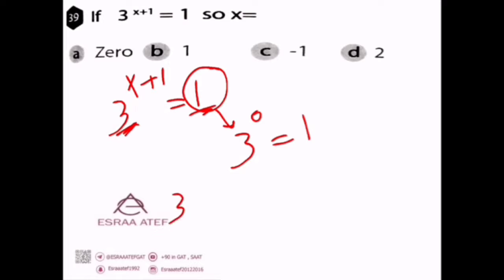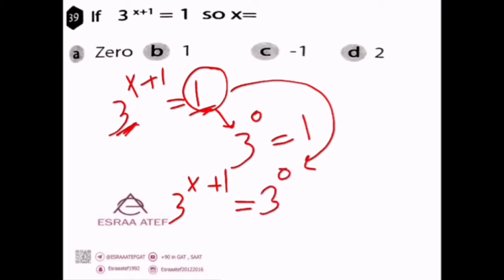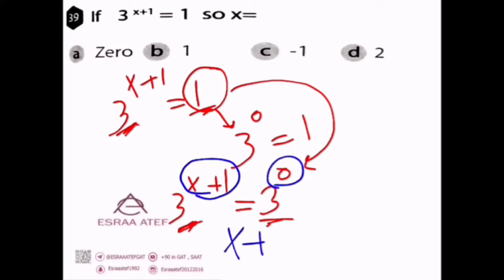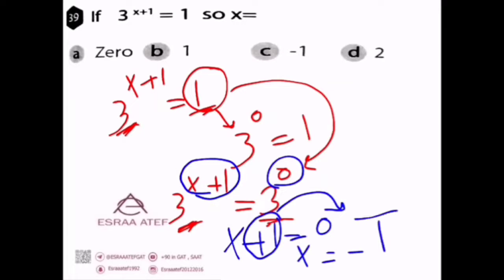The equation will be 3 power by x plus 1 equals 3 power by 0. Now we have the same numbers, so the powers equal each other: x plus 1 equals 0. We will take the 1 to the other side with a negative sign, so x equals -1.